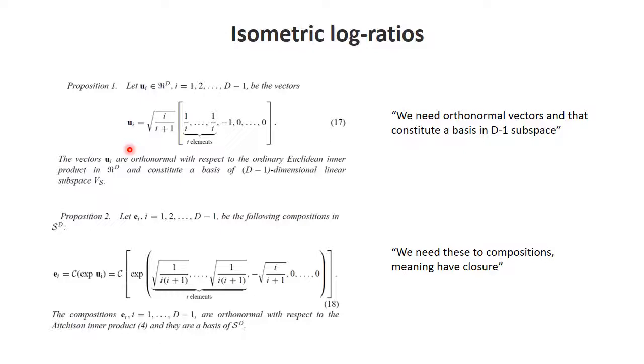So these are just the spaces. Now the reasoning is that instead of having these orthonormal vectors, we'd like to have compositions. So we simply take these orthonormal vectors, and we calculate the closure of the exponent of that vector. That gives us a composition, and that composition will still be orthonormal with respect to the inner product.